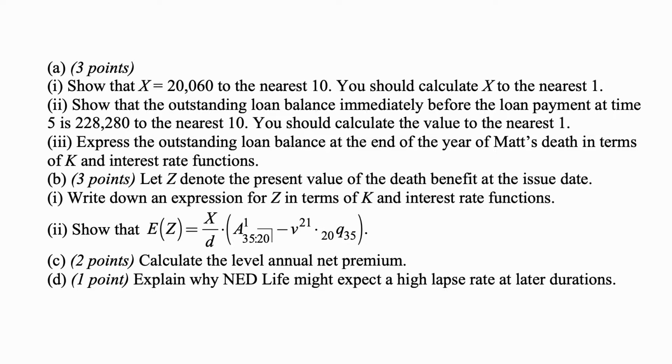Part 2, show that E of Z is equal to X over D times A 35 colon angle 20, with a 1 above 35 indicating term insurance on a 35-year-old over 20 years, minus V to the 21 times 20 Q 35. Part C, calculate the level annual net premium. Part D, explain why NED Life might expect a high lapse rate at later durations.